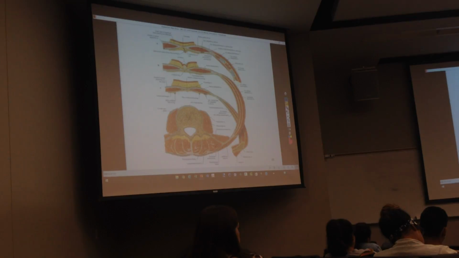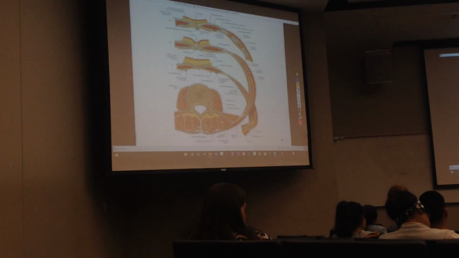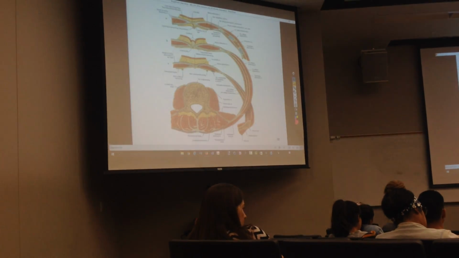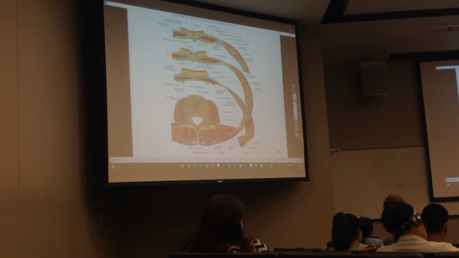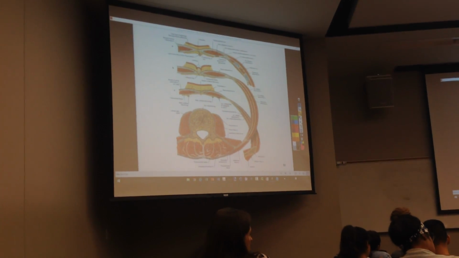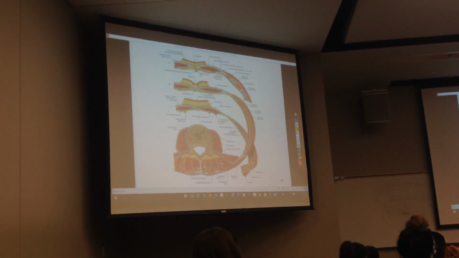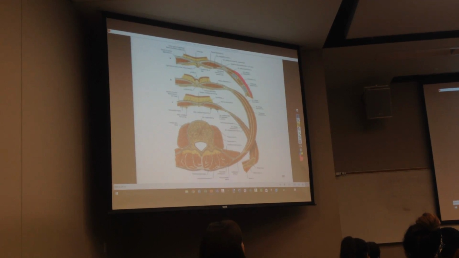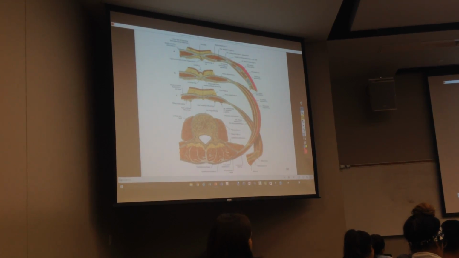Now, the rectus sheath. This is where I put this stuff, and I forgot that that's where I put it. When we're dealing with the rectus sheath, remember we had the external layer right there? That's your external oblique.